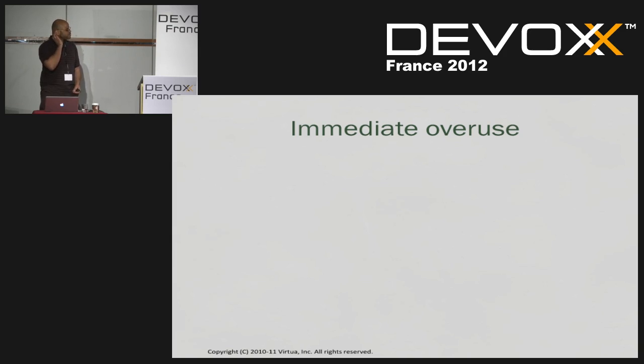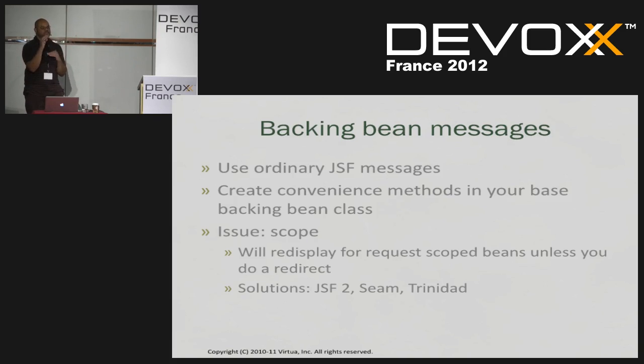But sometimes I've seen people use it on different input controls as well. And basically what happens if you do that is things get very complicated, because when you look at the page you have to understand exactly when properties are being updated and what's happening with the life cycle. For example, let's say you have two input controls. One has immediate set to true and one doesn't. And you submit a form.